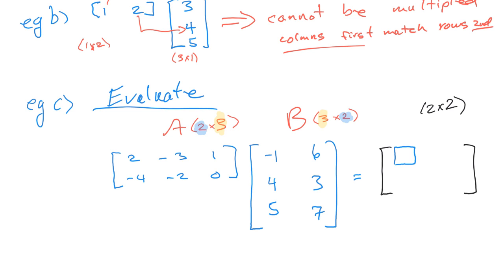All you're going to do is go 2 times -1 plus -3 times 4 plus 1 times 5. One more time: 2 times -1 plus -3 times 4 plus 1 times 5. When you do that, you're going to get 9.